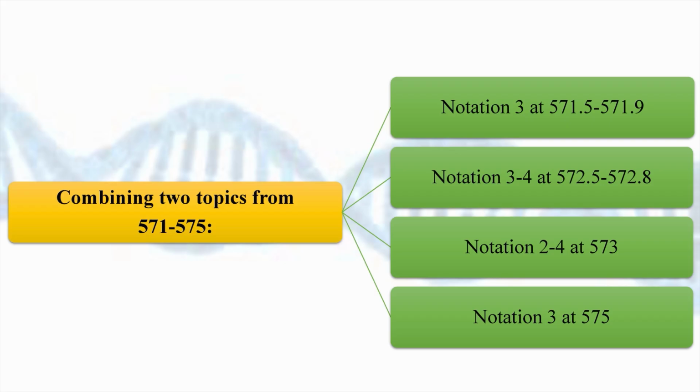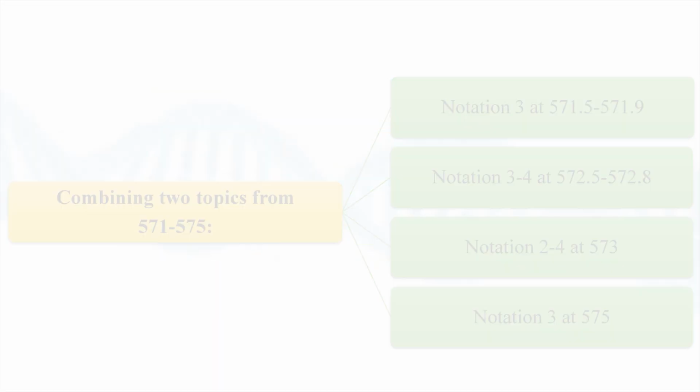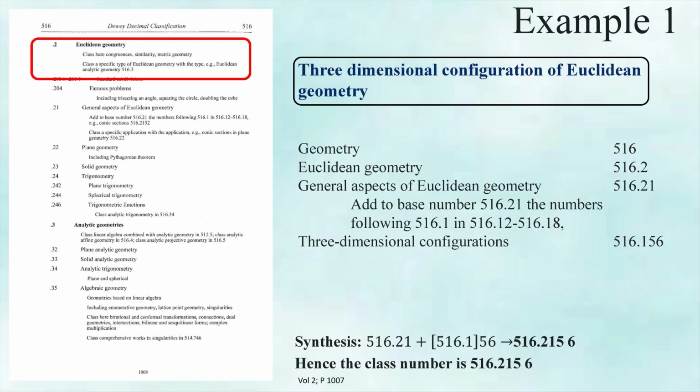As we have committed, we will proceed from the beginning, from 510 to 590, and within it we can find all the tricks that we have mentioned in the introduction of this class. You will find examples of these tricks. Our first example is the three-dimensional configuration of Euclidean geometry.